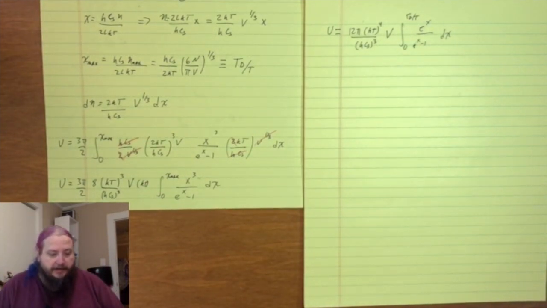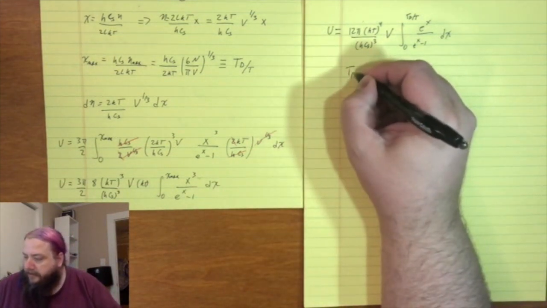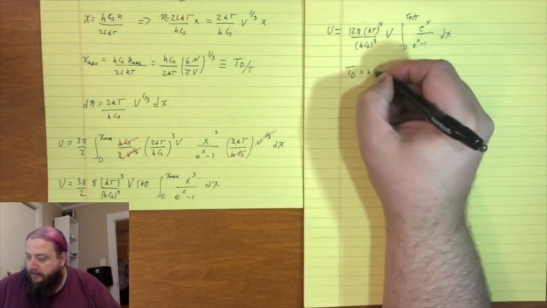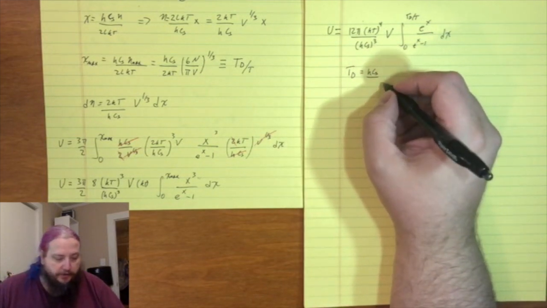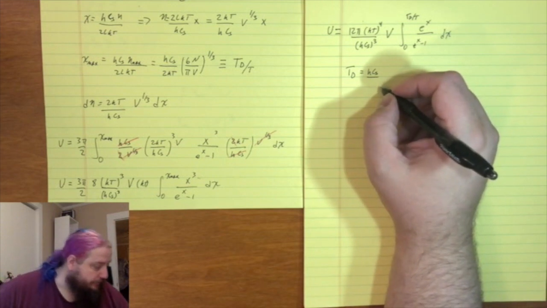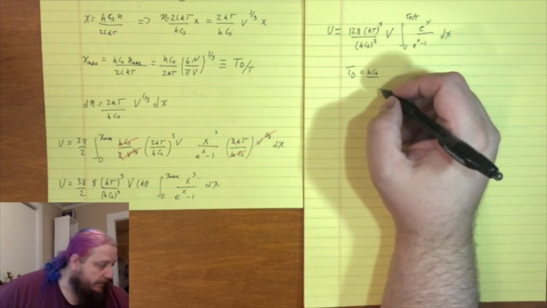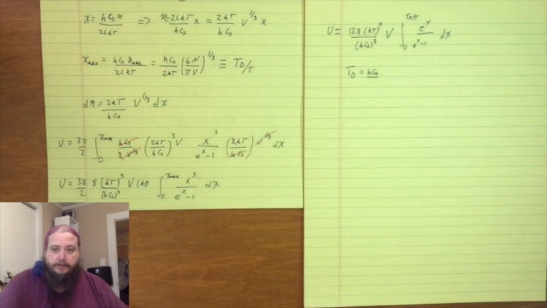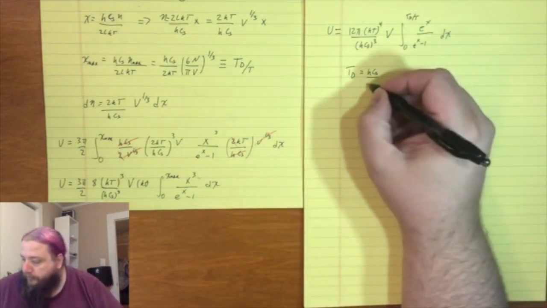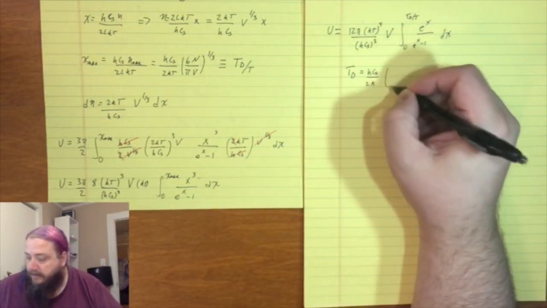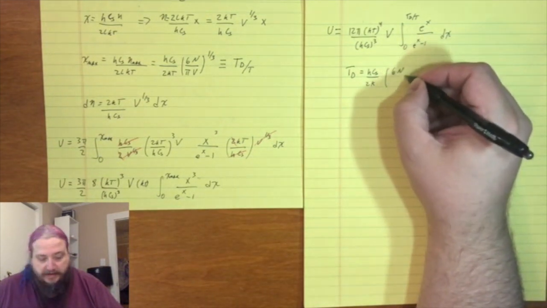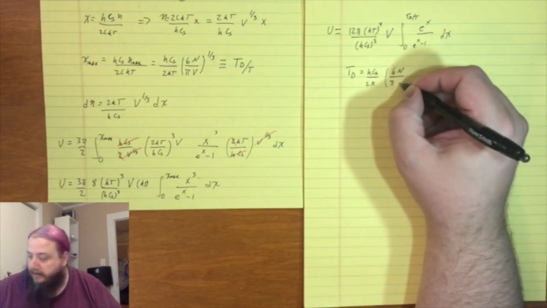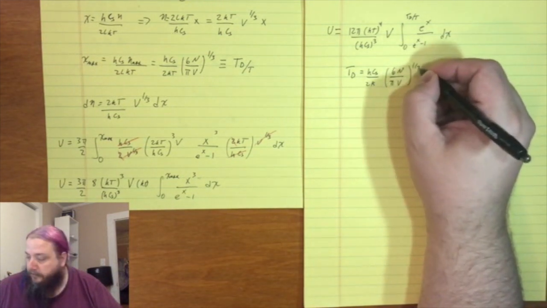And let's take a look at that Debye temperature. So the Debye temperature is Planck's constant times the sound speed over 2k times 6n over pi times the volume to the 1/3.